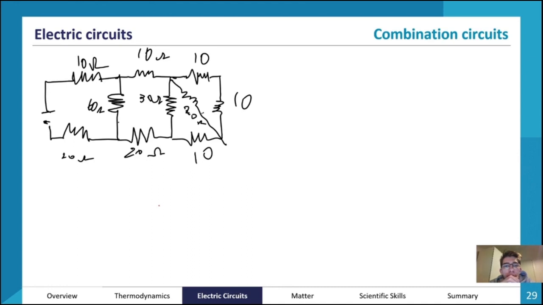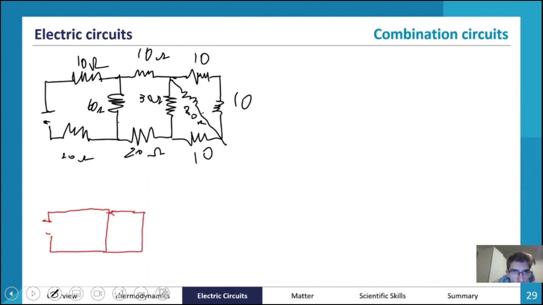What we have to do in this case, we have to redraw the circuit. And it's going to look simpler. Now, this will take a bit of time. My drawing won't be perfect. So up until here, everything makes sense.